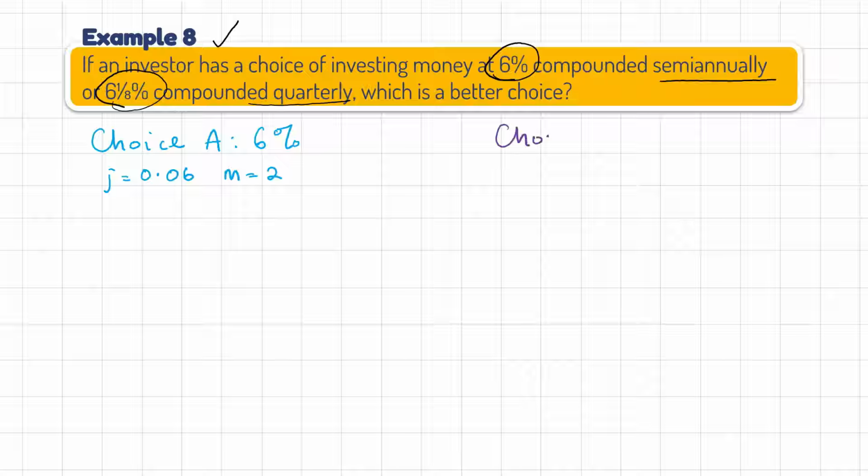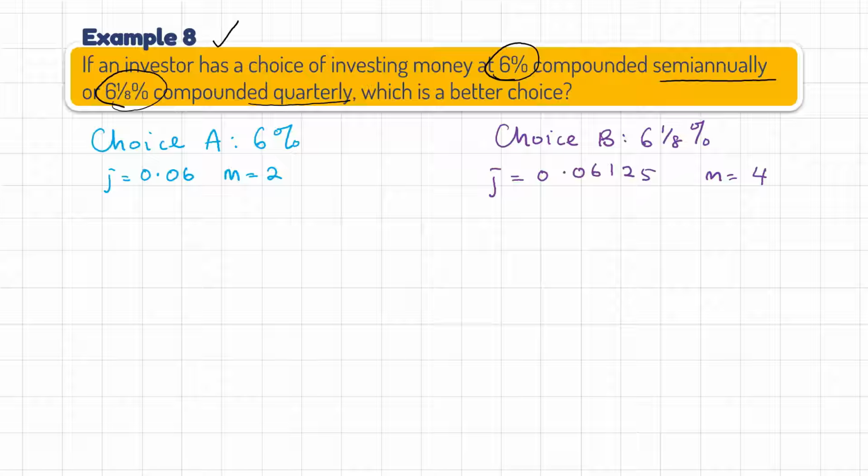Then here we have another choice, which is choice B, which represents the interest rate of 6 1/8%. So our j will be equal to 0.06125 and our m will be equal to 4, since it states quarterly.